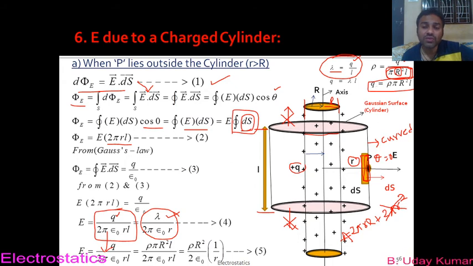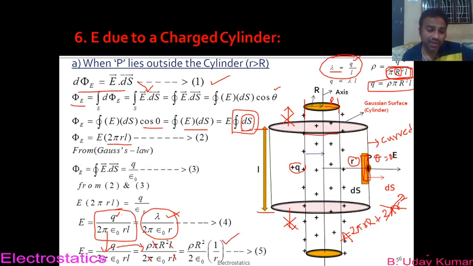So in place of q, I can substitute rho pi capital R square L. I can write q as rho times pi capital R square L by 2 pi epsilon 0 R L. Now L is getting cancelled, and pi is getting cancelled. So the remaining terms will be rho by 2 epsilon 0 capital R square in bracket 1 by R. So this is the electric field intensity in terms of rho.